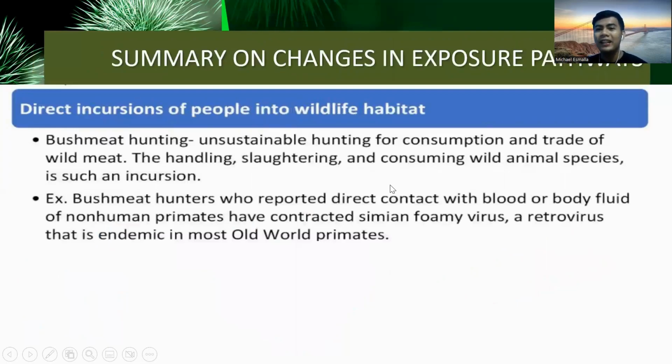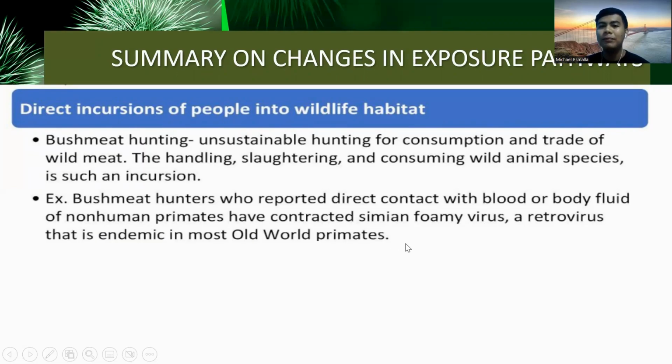Another one, we have direct incursions of people into wildlife habitat. So again, as I have emphasized, when we say incursion, that is the handling, slaughtering, and consuming of wild animal species. So what are the risks of this?